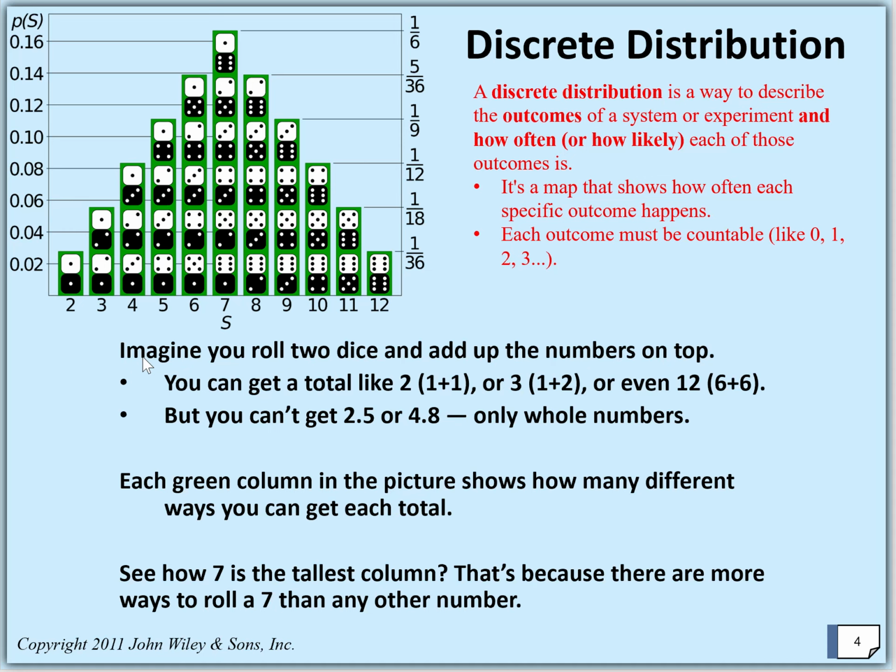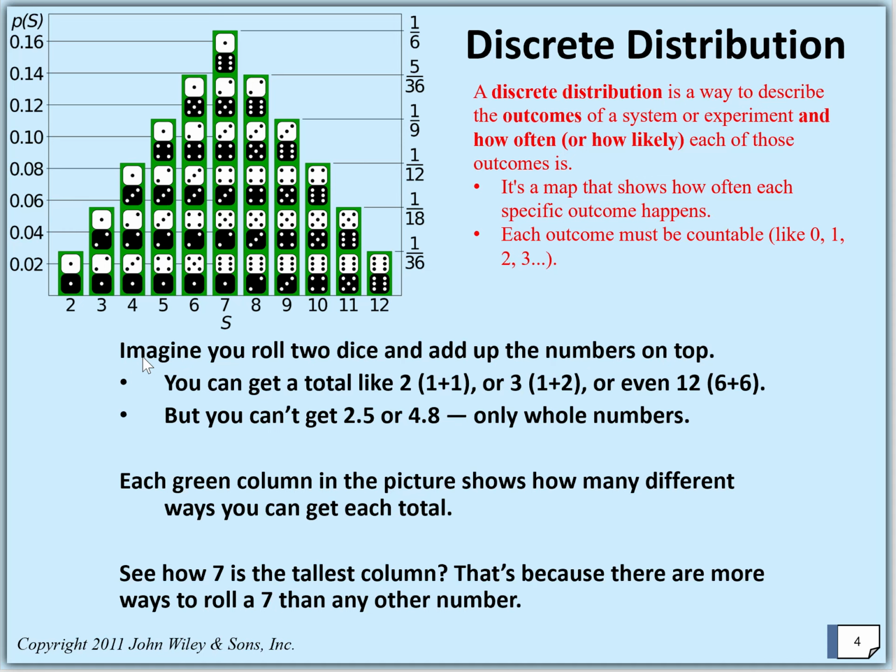Now, what is discrete about it? There is no 7.5. There is no 9.87. It's either 9 or 10 or 11 or 12. There is nothing beyond 12. Why? Because the system does not have a number greater than 6. You have 6 faces of one dice, and 6 faces of the other dice. So the only possible sums are from 2 to 12. So that's why it's discrete.